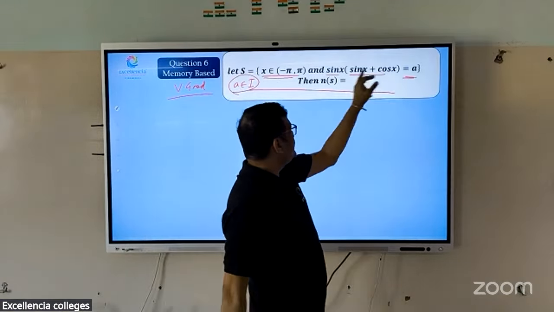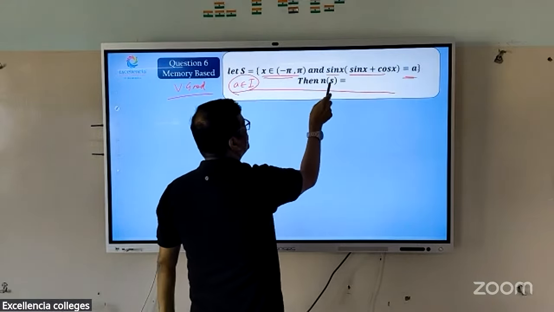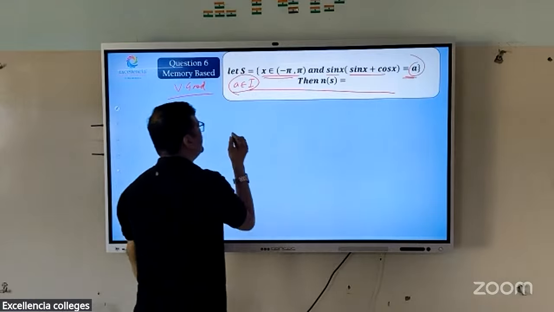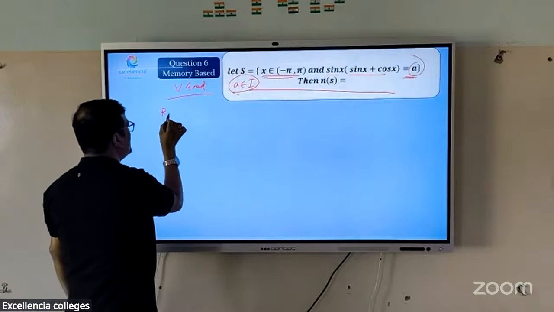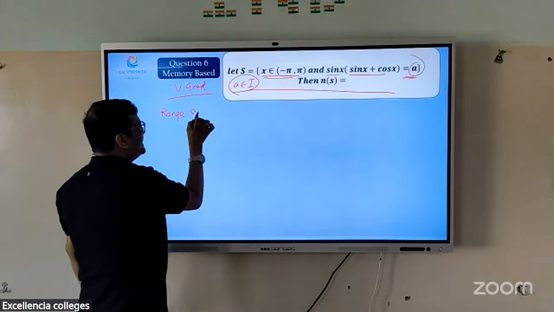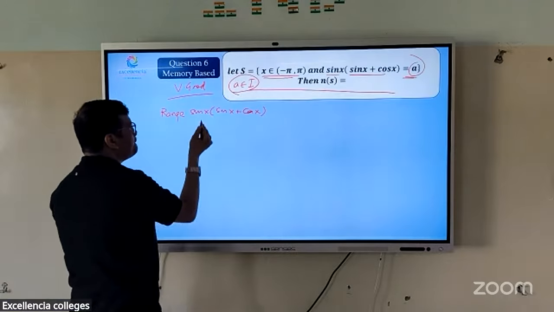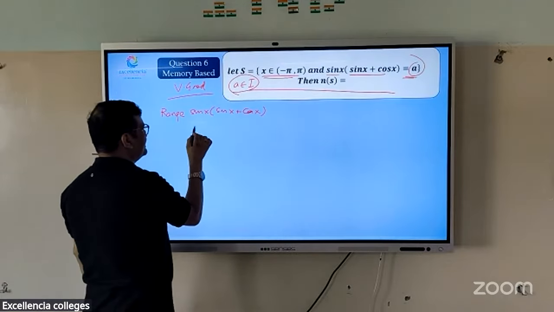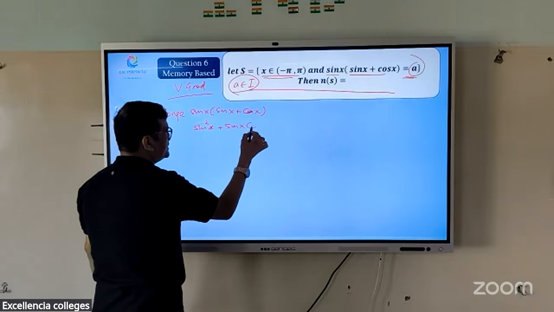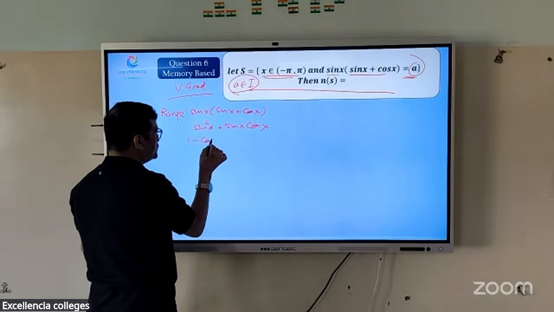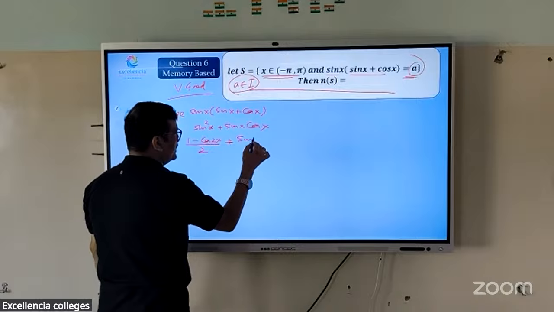A is an integer, then find the number of elements. So first find the range. So the range of sin x into sin x plus cos x. Right? So I can take it as sin squared x plus sin x cos x. That is (1 minus cos 2x) by 2 plus sin 2x by 2.